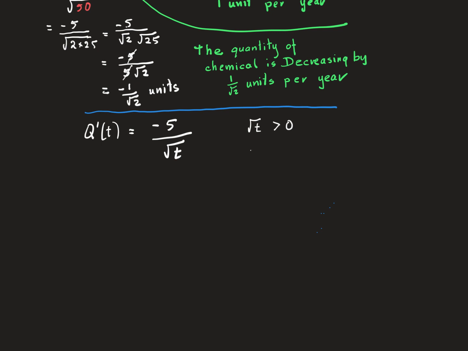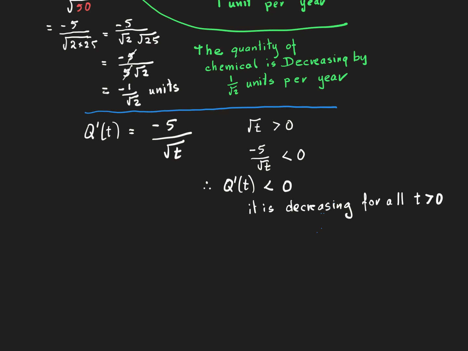It also means that minus 5 over root t must always, therefore, be less than 0. Therefore, Q dash of t is always less than 0, which means that it is decreasing for all t greater than 0, and remember that t cannot equal 0. Just write that down, t is not equal to 0.